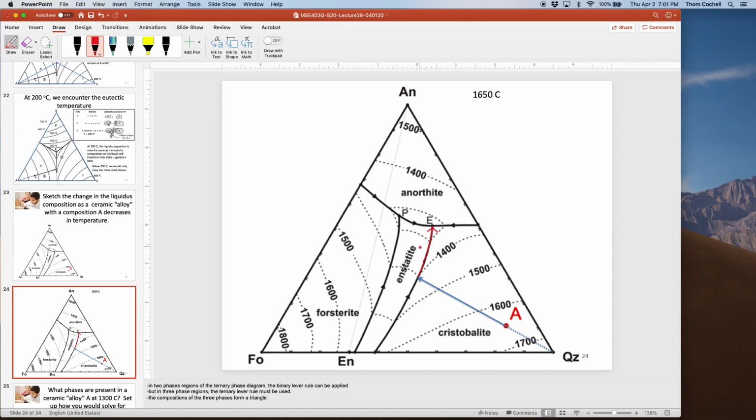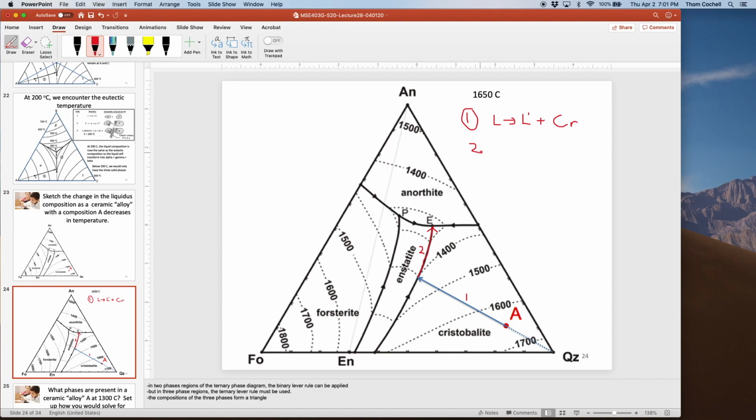This is path 2, this is path 1. Path 1, if we just revisit that real quick, is where we had liquid goes to a different liquid, L prime, plus cristobalite, which I'll call CR.